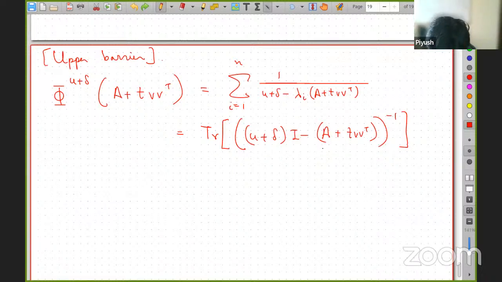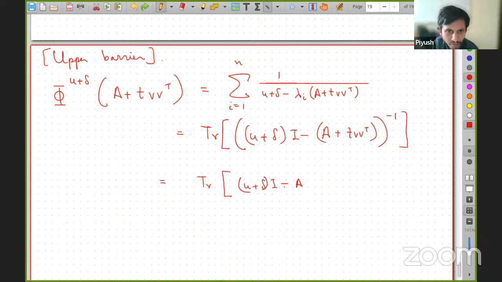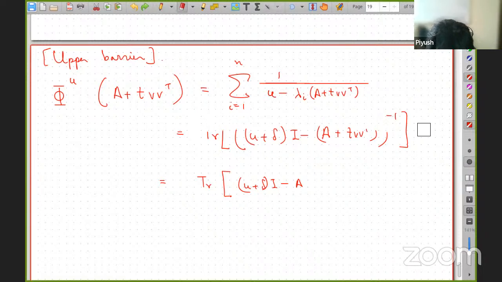So this is like A minus (u plus delta) I. Let me just drop this delta for now and do it for u, and then we will substitute it later. This notation will just become too complex.